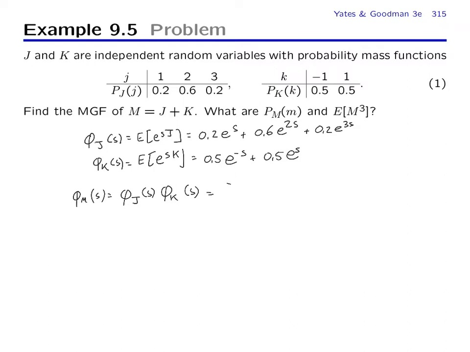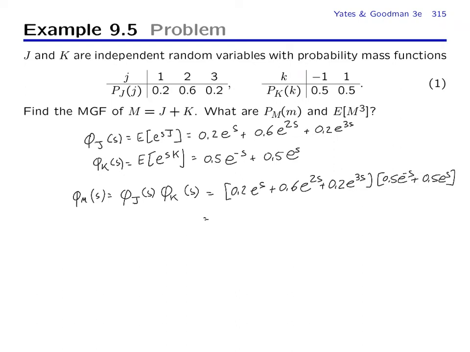And this gives us 0.2 e to the s plus 0.6 e to the 2s plus 0.2 e to the 3s, and now times 0.5 e to the minus s plus 0.5 e to the s.